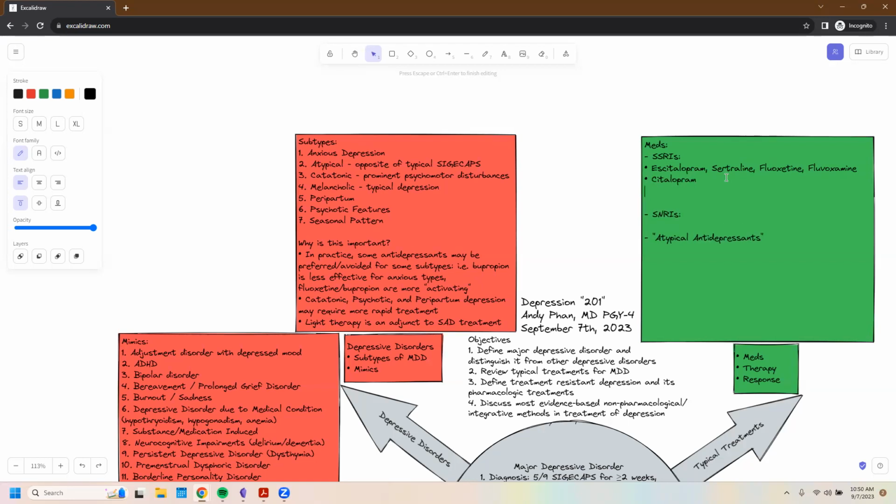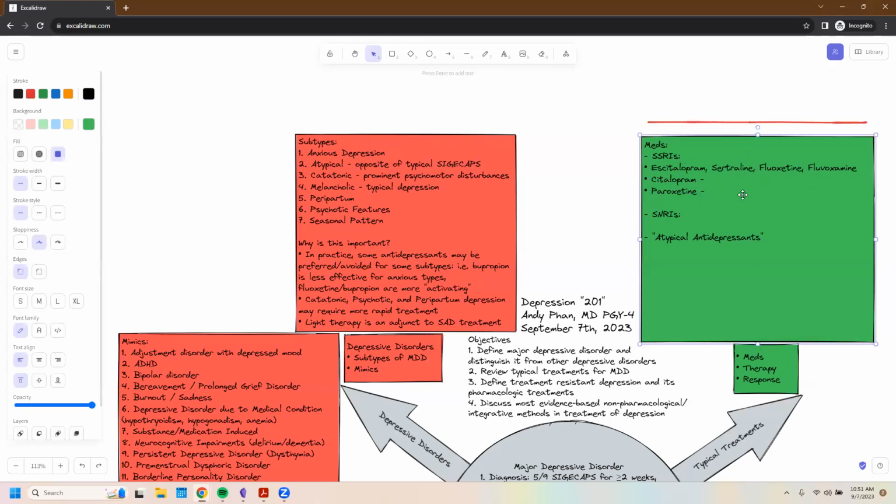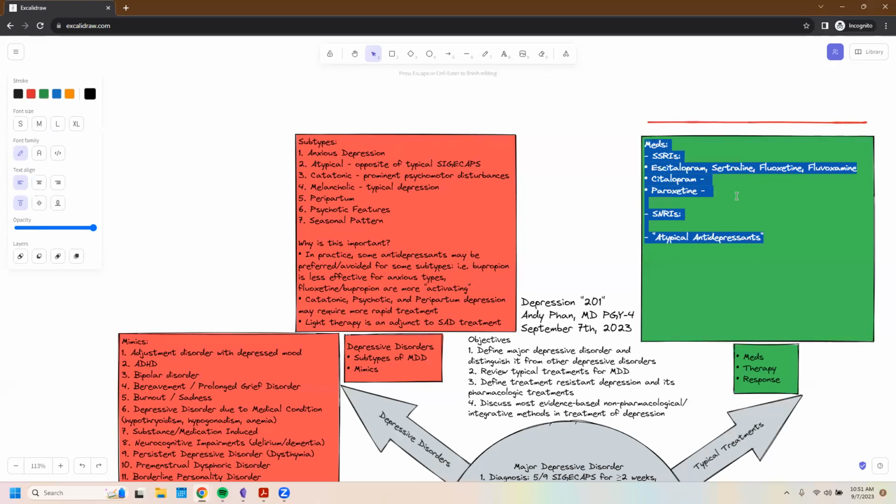And then there's also citalopram and paroxetine. Now, obviously I list them separately. What's the issues with these guys? I basically never want to use these guys. GI upset, sexual dysfunction. Okay, yeah.